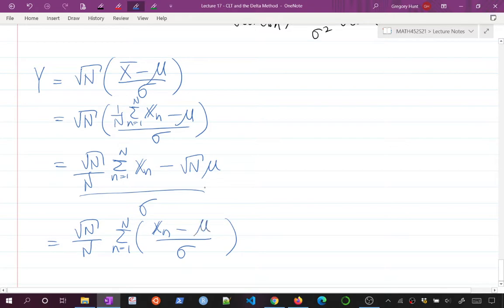So what I want is this in here, right? And in order to pull that into my sum, I have my root n, and I surely can divide through by n, right? Like that.